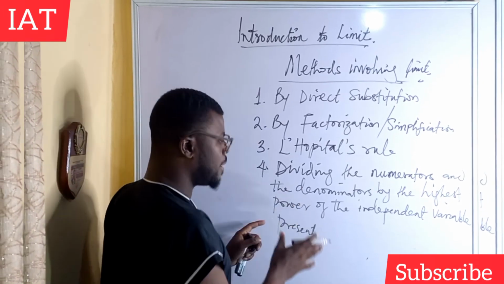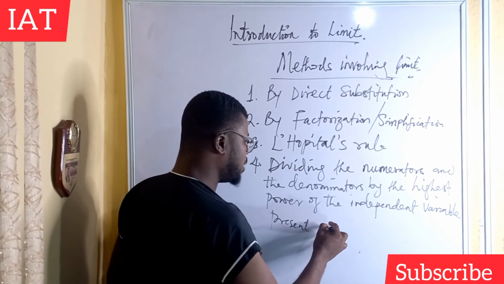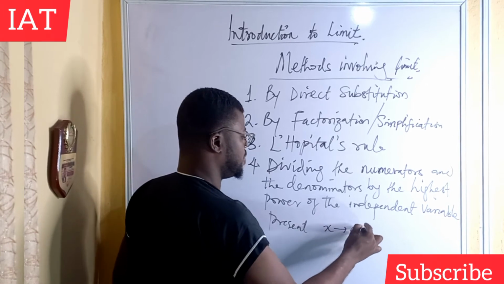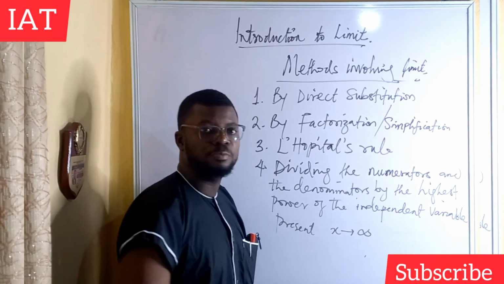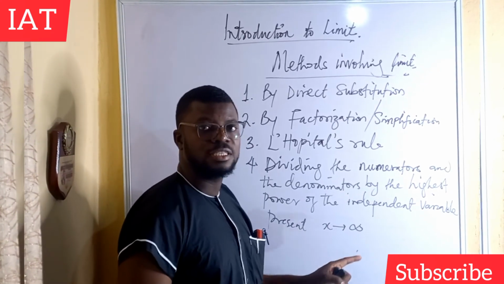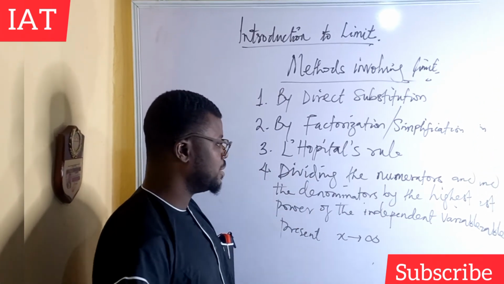In this particular method, we use it whenever we see x or y or any of the alphabet tending to infinity. When any of these parameters, it could be t, it could be x, it could be y, is tending to infinity, the method is to divide the numerator and denominator by the highest power of the independent variable.